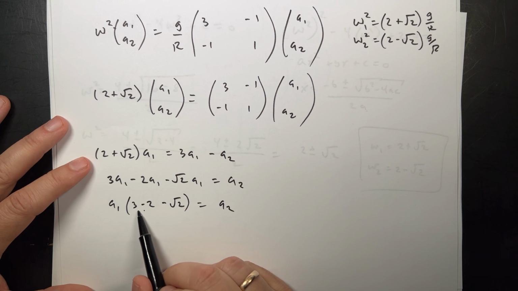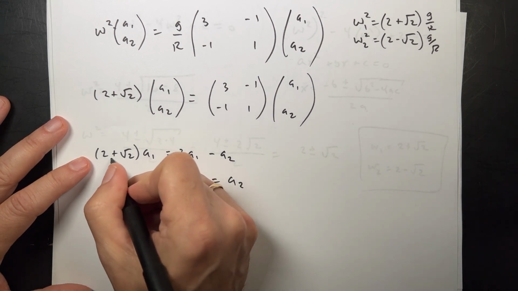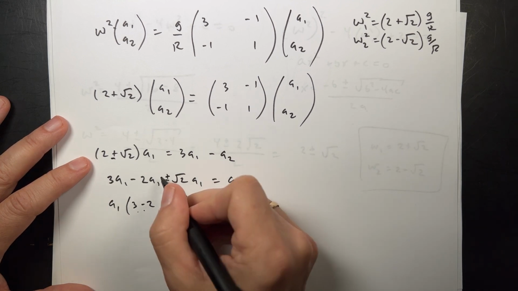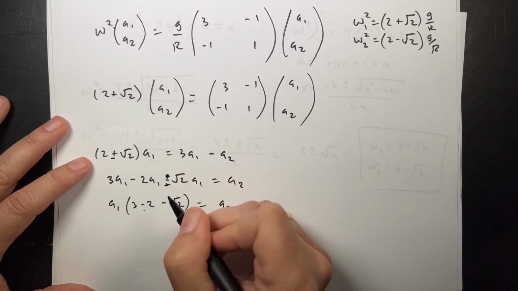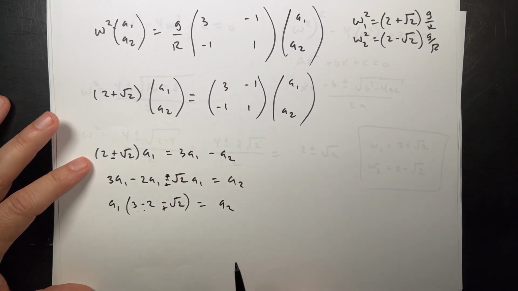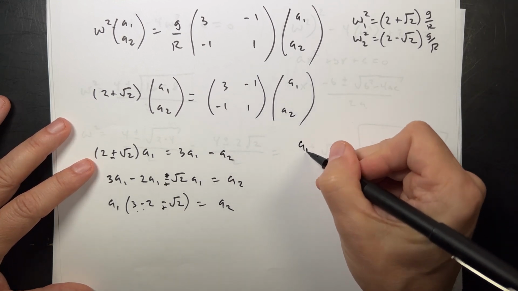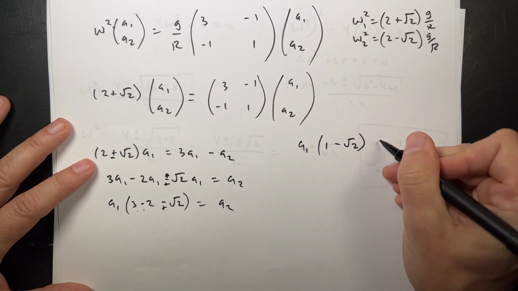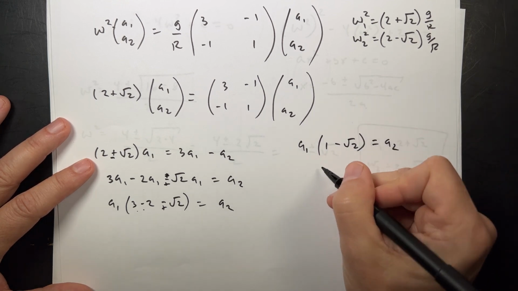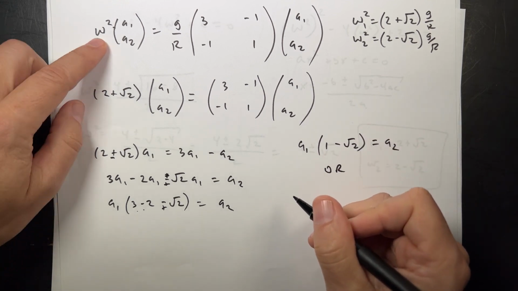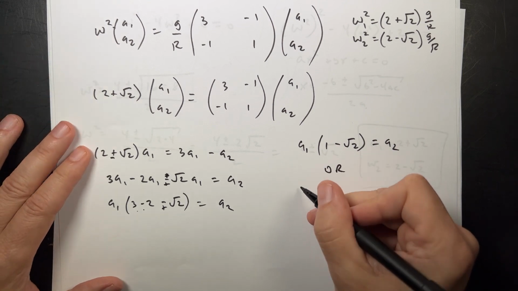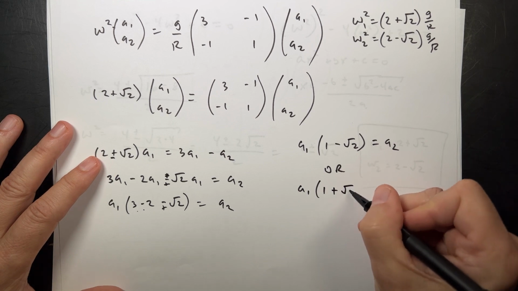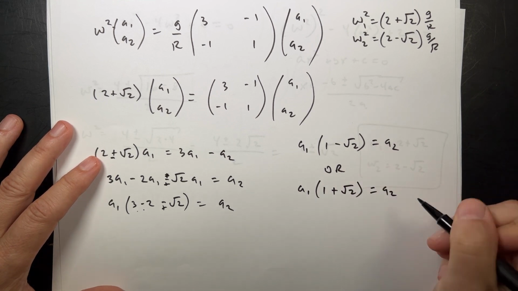And so this is going to be, actually, let's do this as plus or minus. Actually, it's minus or plus. So I get A1 times (1 minus the square root of 2) equals A2. Or, if I put in omega 2, I get A1 times (1 plus the square root of 2) equals A2.